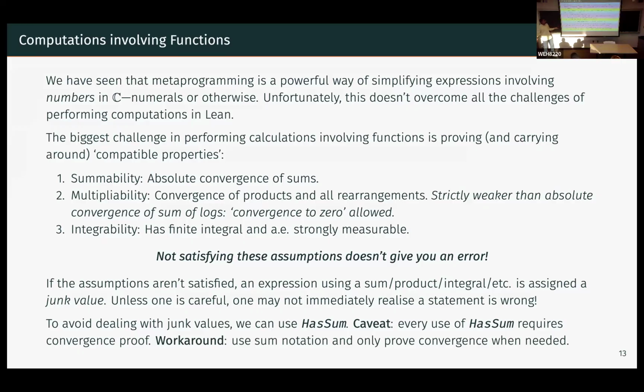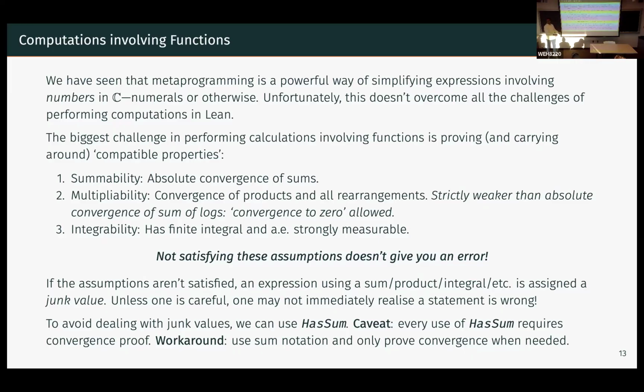So when I was first working with infinite sums and products and integrals, I did wonder why they'd chosen to design it in this particular manner. But I think the advantage is, for example, when you want to prove the monotonicity of non-negative integrals.